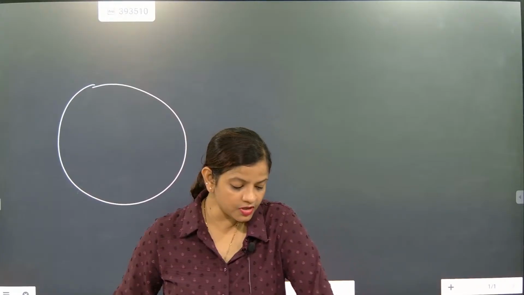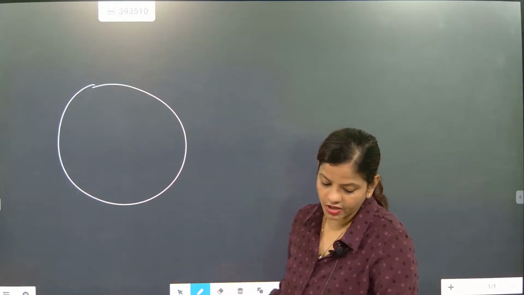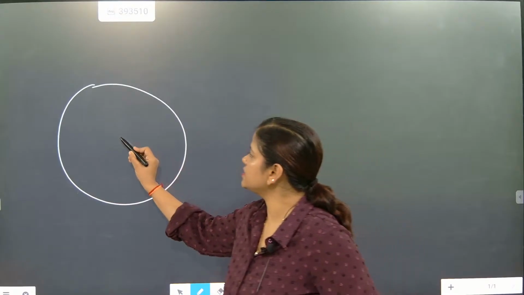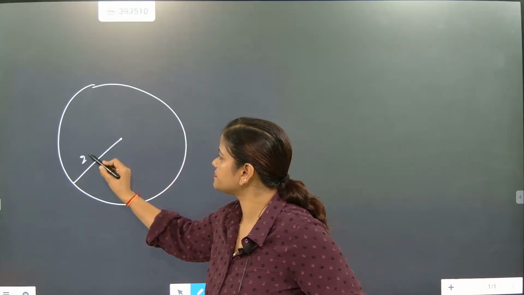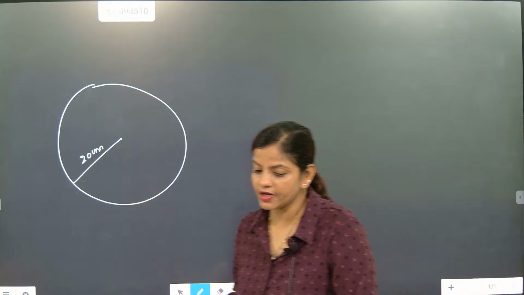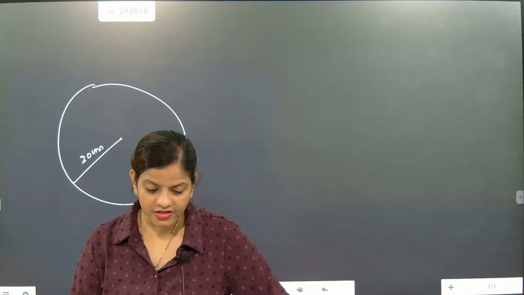So the radius of the circular park is 20 meter. This is an NCERT question. Do you have the NCERT book, beta?